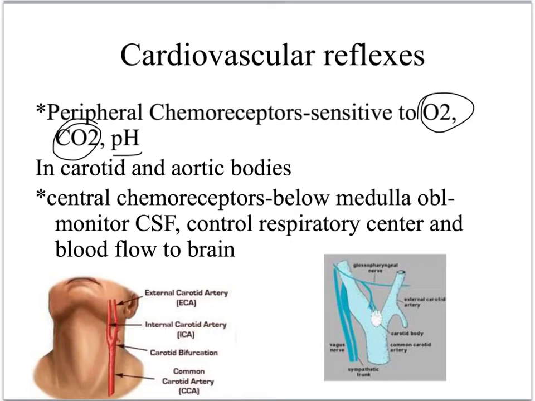For these reflexes, they don't go that high. They're going to stop at the level of the midbrain and brainstem. And so, unfortunately, you're not going to be aware of the fact that you're having a low oxygen, a high CO2. You're not going to be aware of the fact that your blood pressure is too high, your blood pressure is too low.